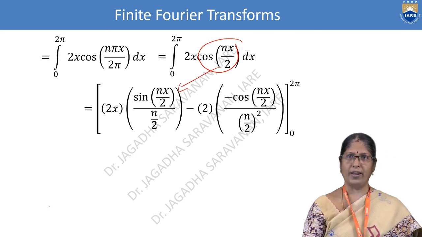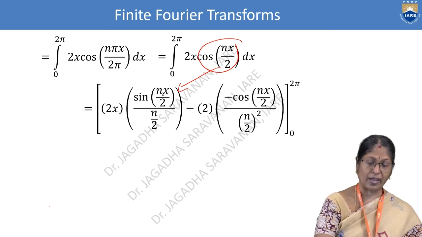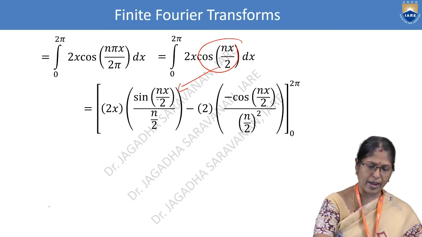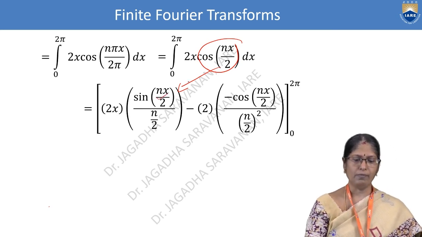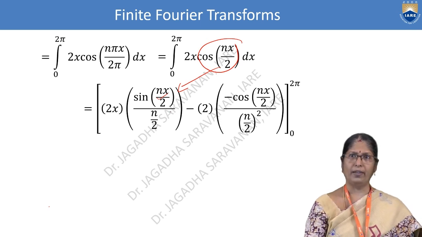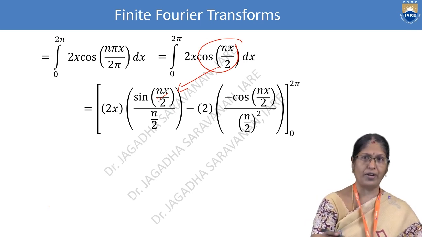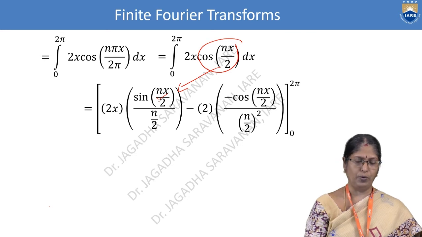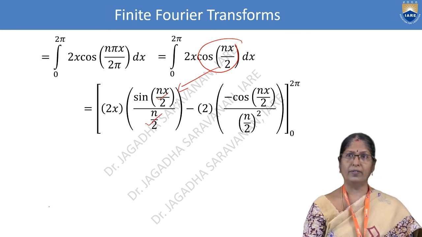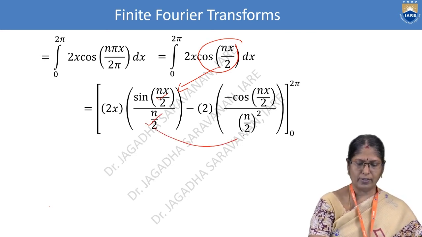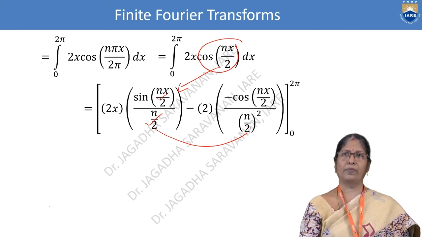Cos integral is sine of nx by 2, divided by the x coefficient n by 2, that is written here. This trigonometric term, keep on integrating.